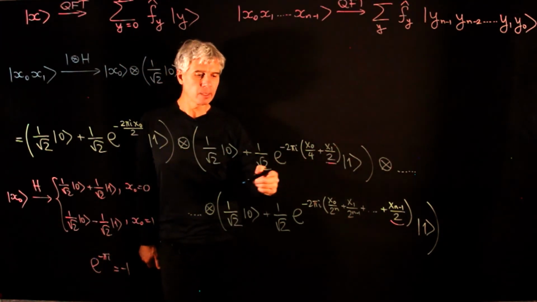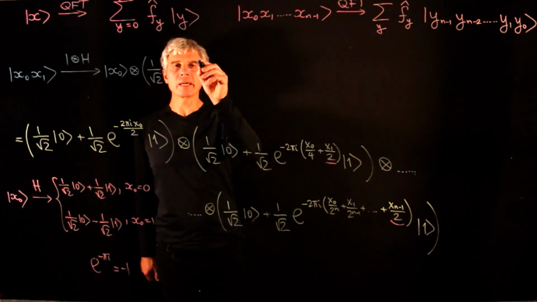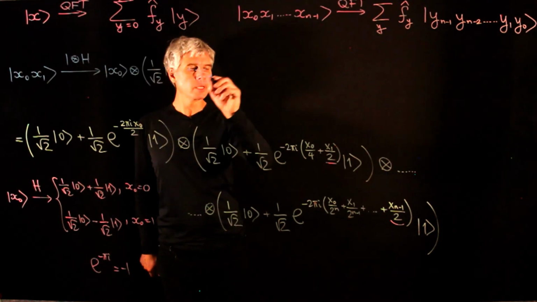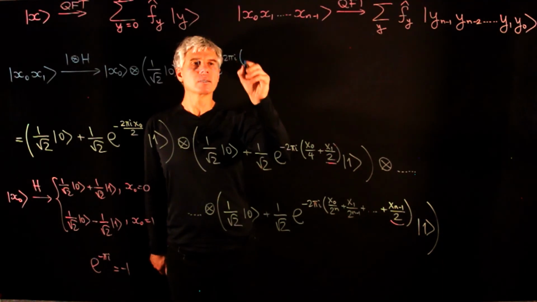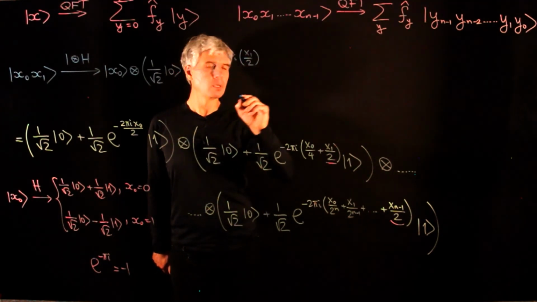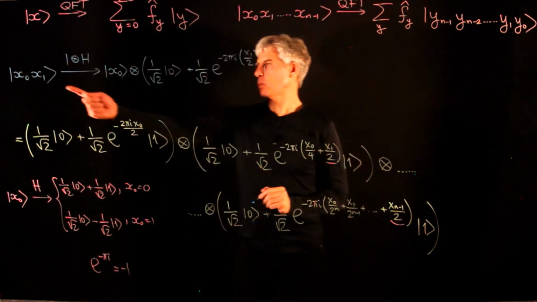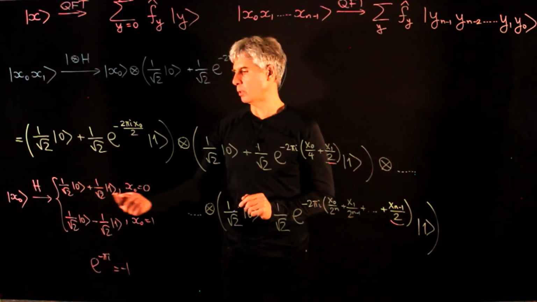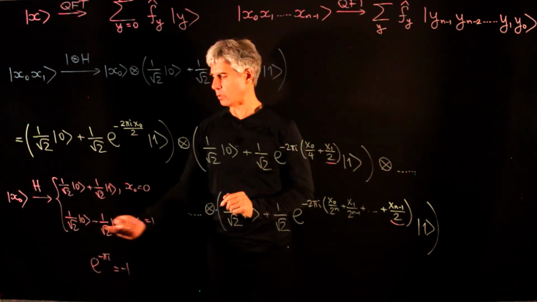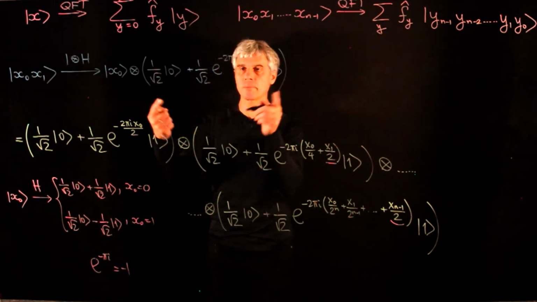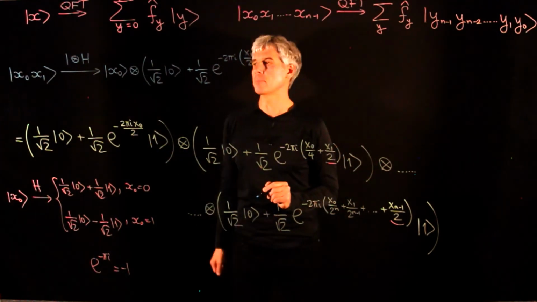And as we said, the second term of the Hadamard can be written as 1 over square root of 2 e to the minus 2 pi i times x1 over 2 times |1>. So if the x1 bit has value 0, this will transform it with a plus, and if the x1 bit has value 1, this will transform it with a minus. So this is precisely the Hadamard transform on the second quantum bit.